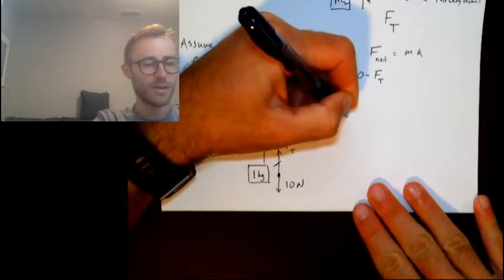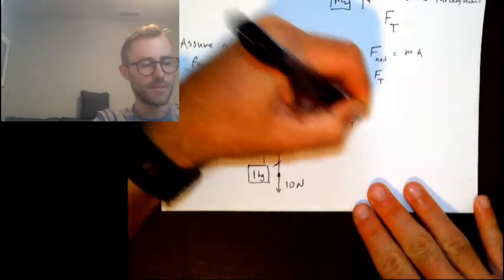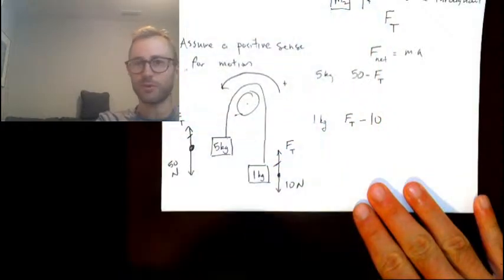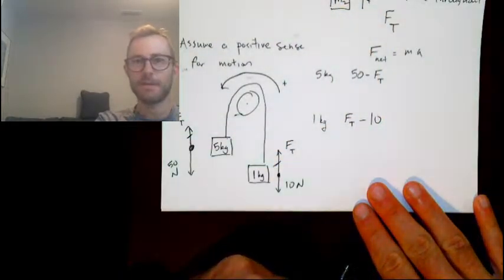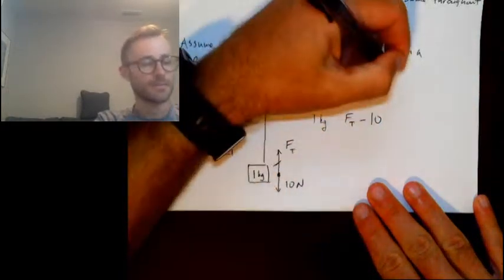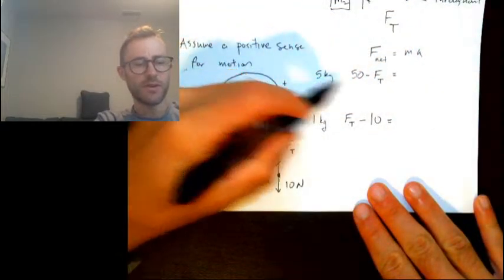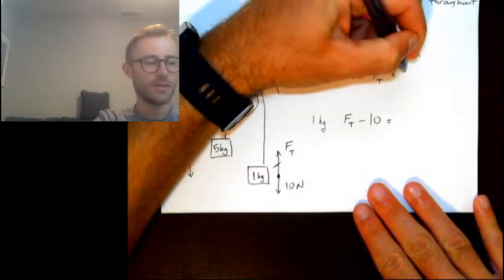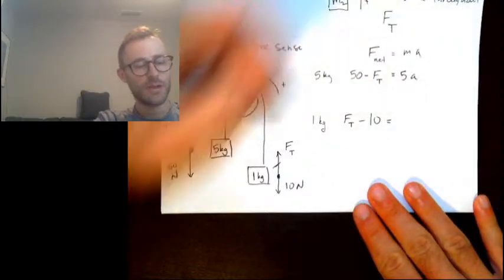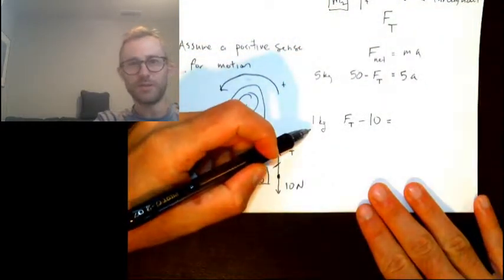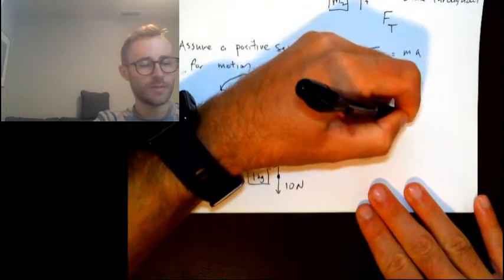So we have F sub t minus 10 is the net force for that. And that equals ma. So for the 5 kilogram mass, this is going to be 5a. And for the 1 kilogram mass, this is going to be 1a.